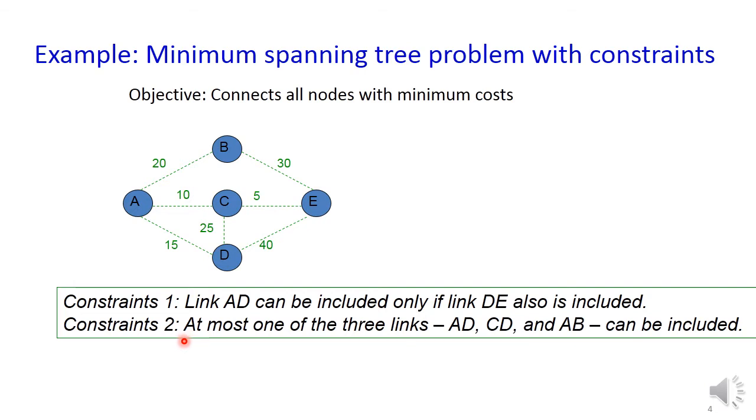The second constraint is that at most one of the 3 links, that is AD, CD and AB, can be included. Among these 3 edges, only one can be added. So we need a minimum spanning tree where these 2 constraints are also met. This is the minimum spanning tree problem with constraints.